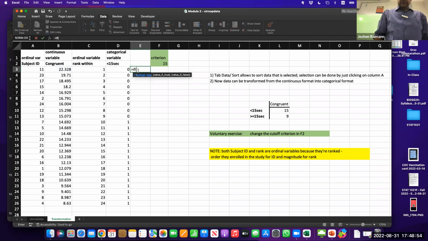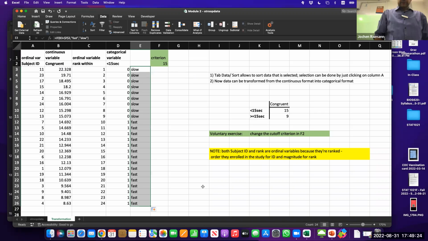You can say if B3 is smaller than $F$2, comma, slow, not fast, those were the first ones, comma, slow, it will do the same thing, just labeling it different. So now it's not 0 and 1, now it's slow and fast.